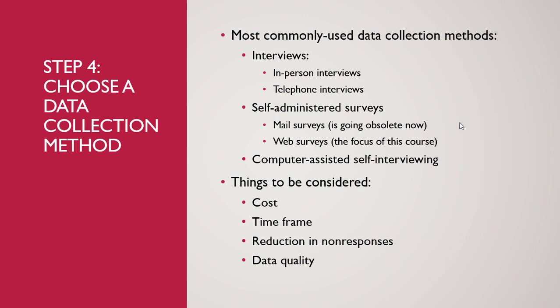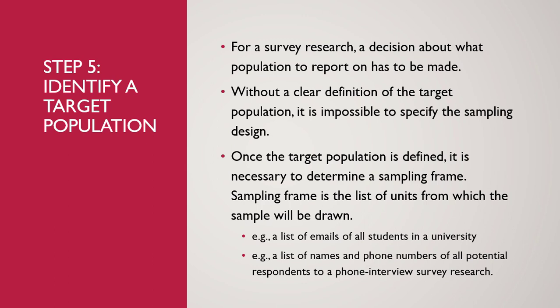You should already have an idea about the target population at the time of defining your research objectives. So in step 5, it's time to define the target population so that a sampling frame can be determined. For example, if your research objective is about course evaluation in college, the potential population will be college students. In order to select samples and collect data, you may want to decide that your target population are all undergraduate students attending the University of Memphis.